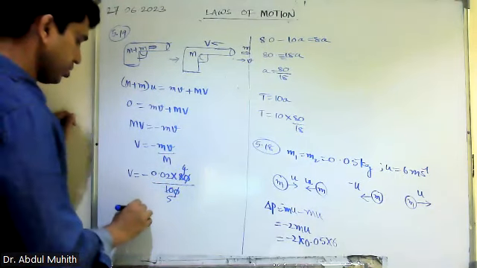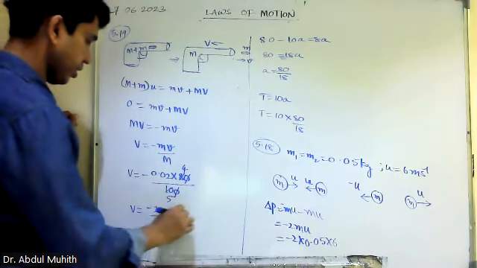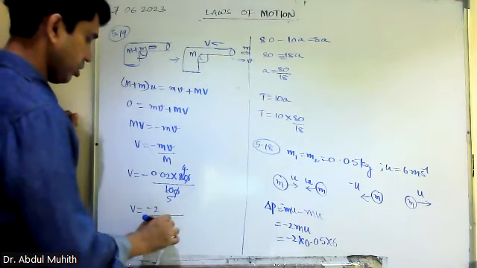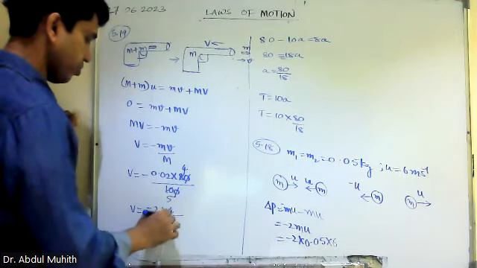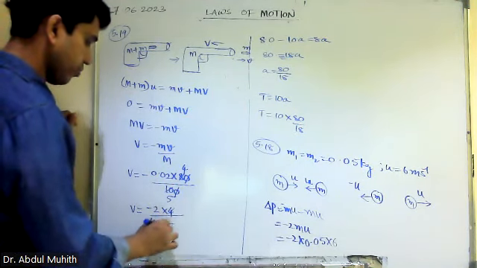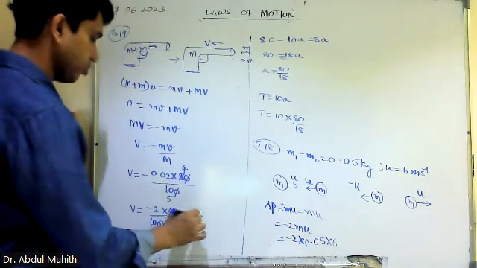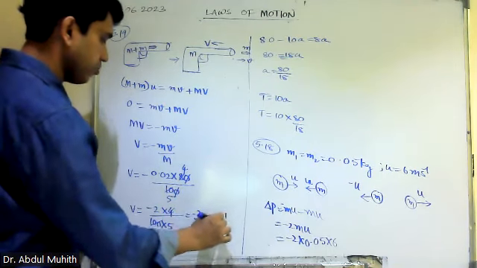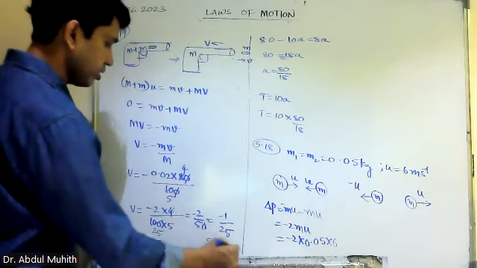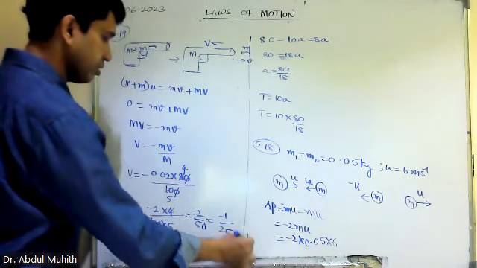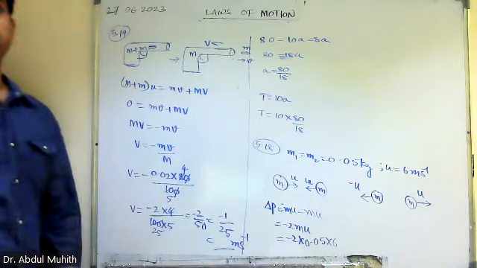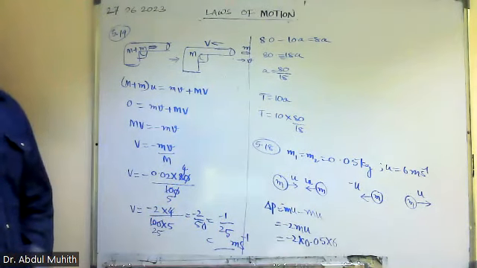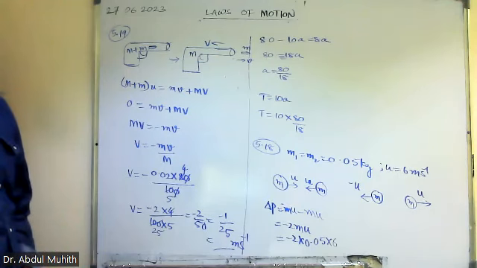So V equals minus 2 by 100 into 5 into 4, which becomes minus 2 by 50, minus 1 by 25. Just write the values in meter per second. Is it clear, girls? We are using the conservation of momentum concept.